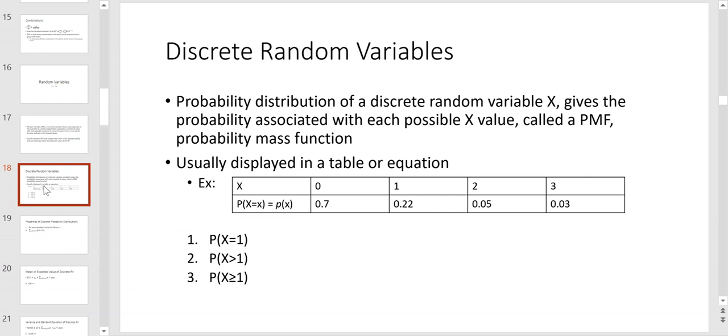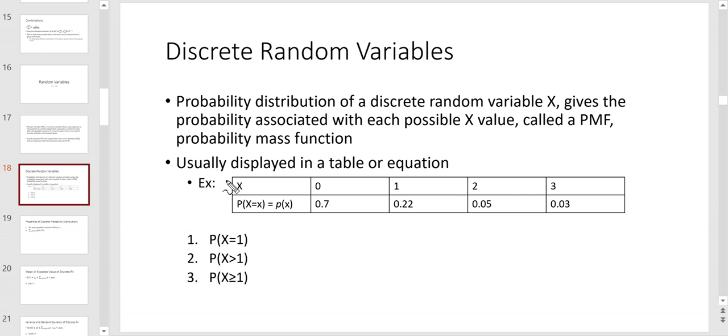This is called a probability mass function, abbreviated PMF. A PMF can be displayed either in a table or an equation, and even in a graph. But usually you'll see it either in a table or an equation.